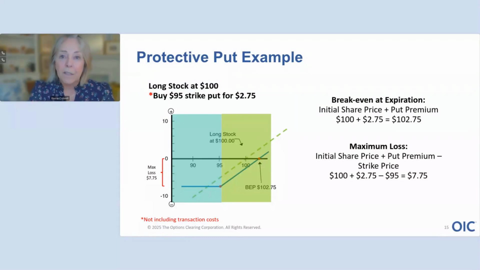So if the stock goes up, just like a call, right? The stock goes up, you've got all this upside potential. If the stock goes down, the most you would lose if you had bought a call at 2.75 would be the 2.75. So I just wanted to point that out, because there are so many different combinations that end up looking like some other particular trade that you could do.